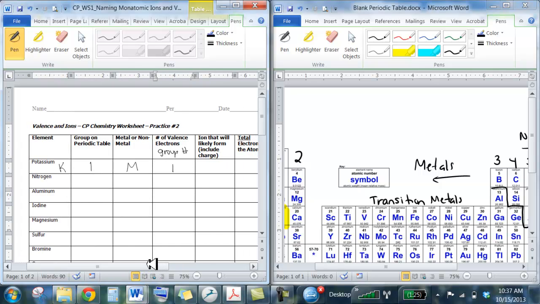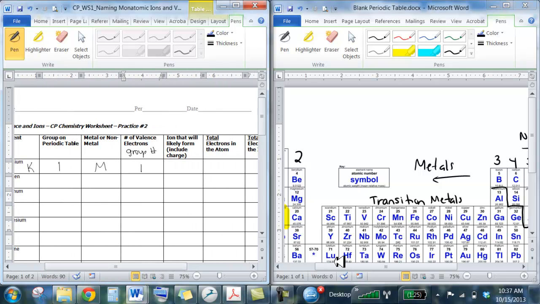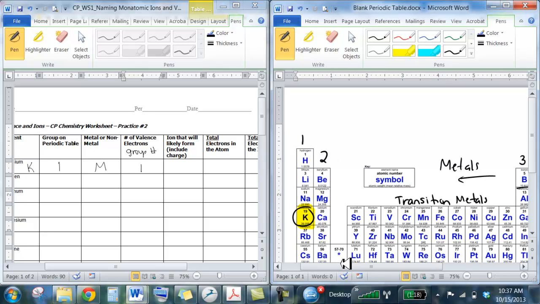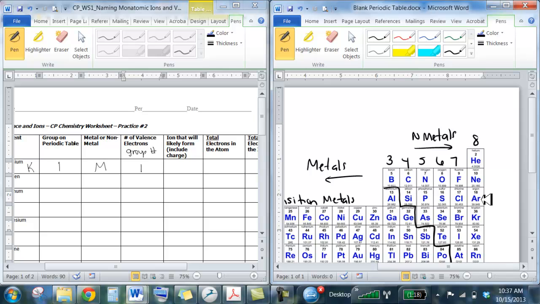Now, to find the ion that will likely form, we have to figure out where the nearest noble gas is. So potassium is over here on number 19. The nearest noble gas is going to be either all the way over here in the same row, which is krypton, that's 36, so that's a good 17 away, or argon, which is 1 away. So we're going to focus on argon. Since it's only 1 away, it's going to be pretty easy for potassium to get there.